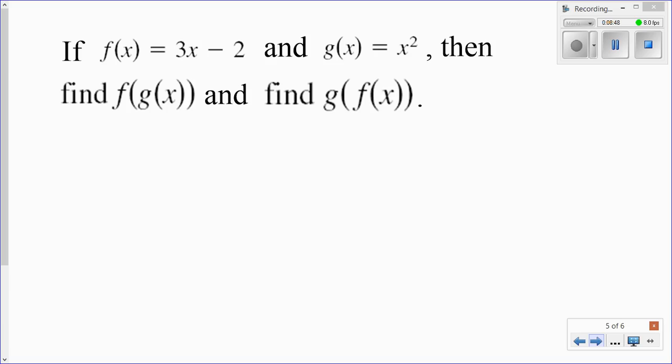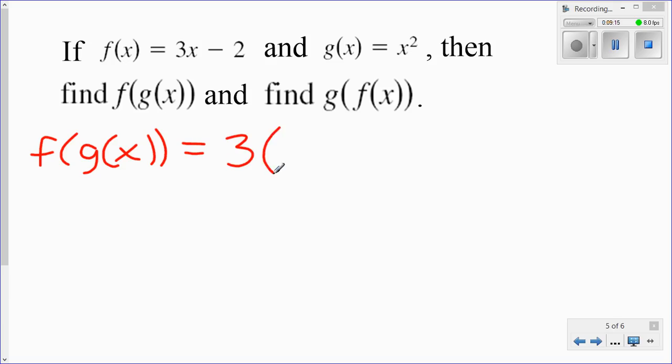If f of x equals 3x minus 2 and g of x equals x squared, then find f of g of x and find g of f of x. So let's start with the first one, f of g of x. What I usually tell my students is start with the outside function, which is f, which is 3x minus 2. And wherever you have an x, just put a set of parentheses.